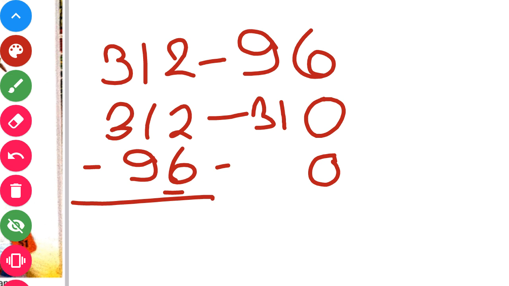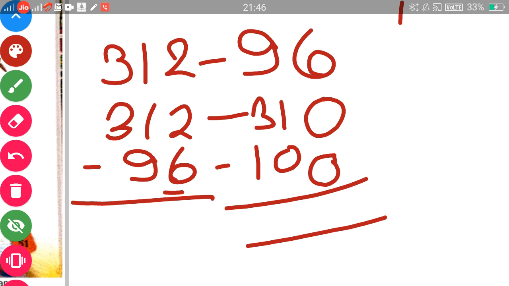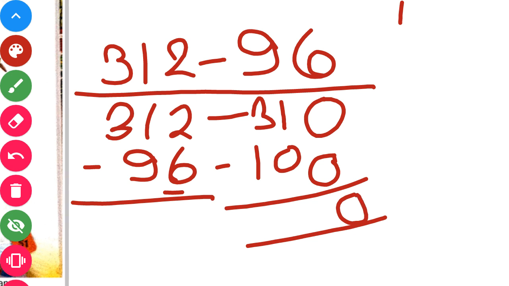So this 9 will become 10. So we have got here 310 minus 100. We will just subtract this. 0 minus 0 will be 0. 1 minus 0 will be 1. And 3 minus 1 will be 2. So our answer will be 210.